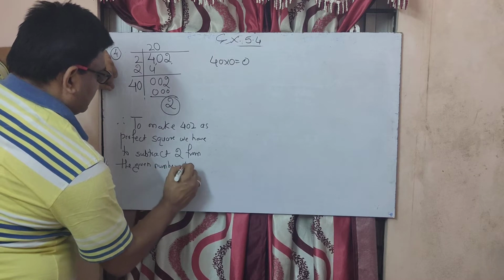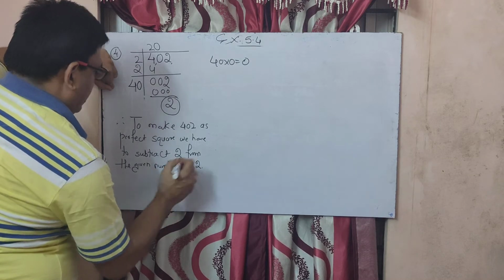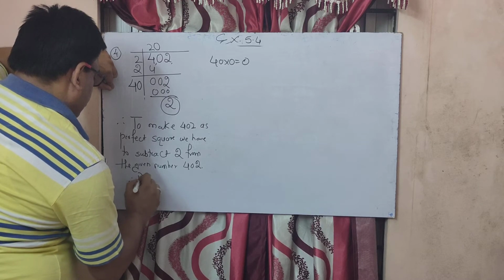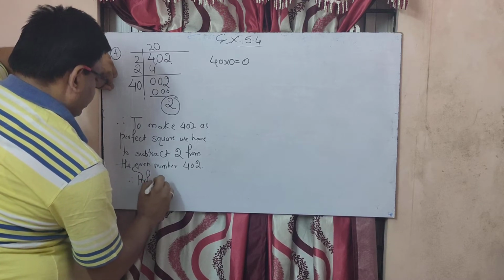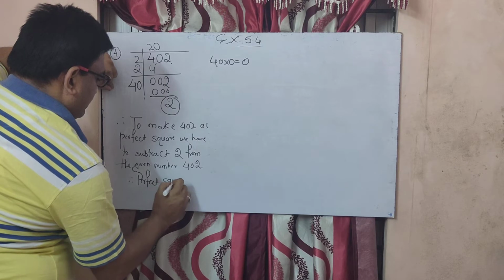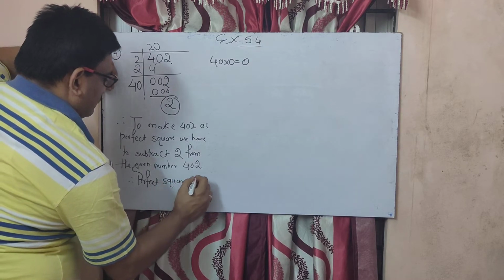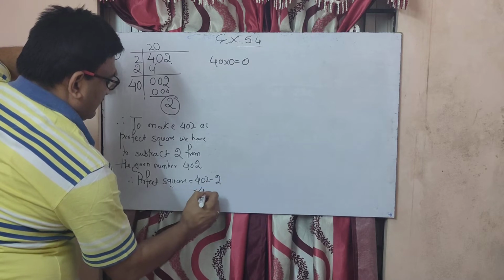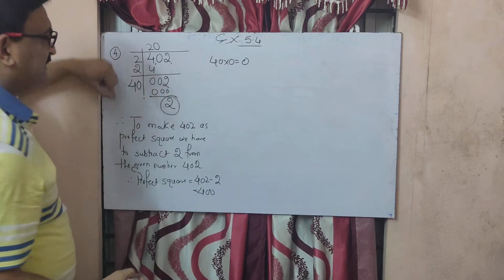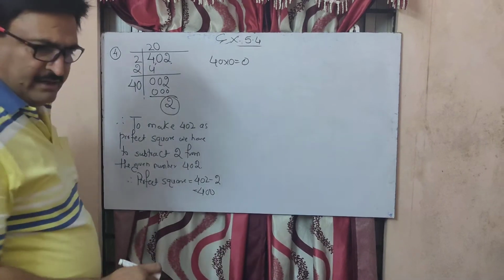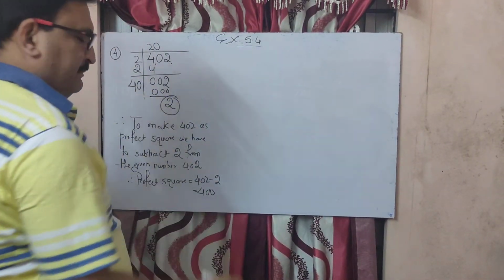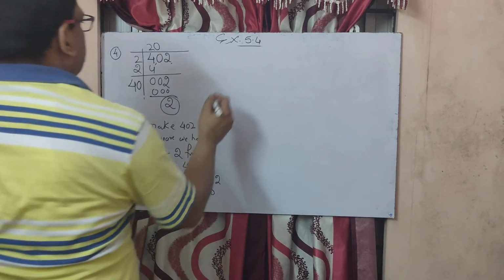What is that? That is 402. Therefore, the perfect square will be 402 minus 2, that is 400. And the third part of the question is, what will be the square root of 400?